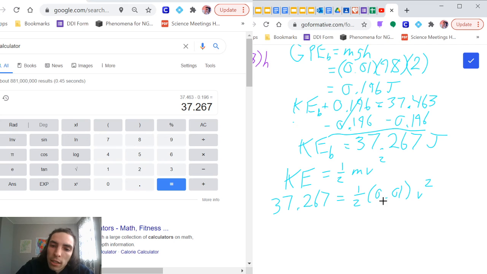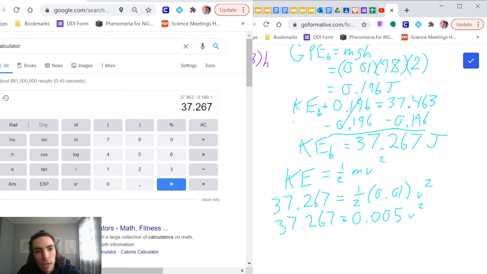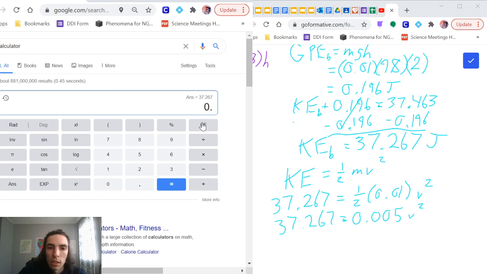Now if we combine like terms here, or simplify this, that'll give us 0.005 v squared. And we haven't done anything over here yet. Let me check that. 0.01 times 0.5. Yep.